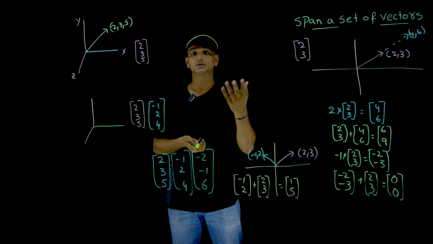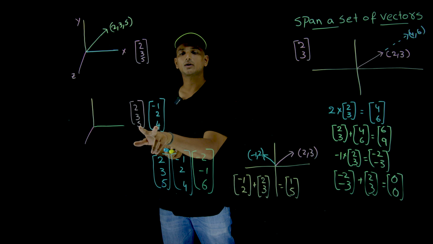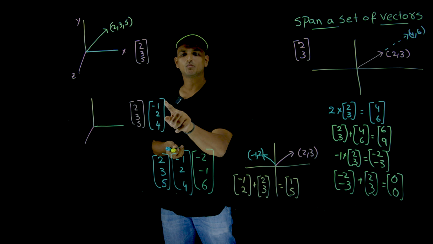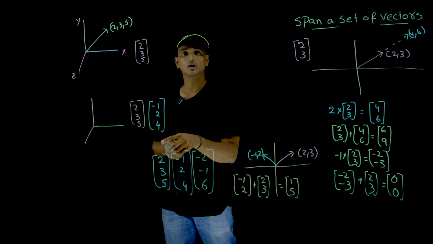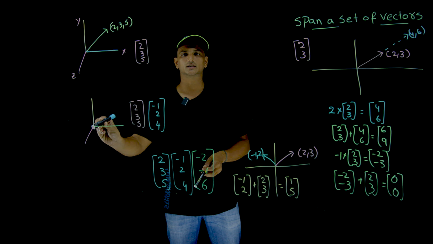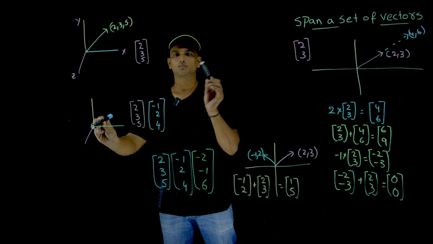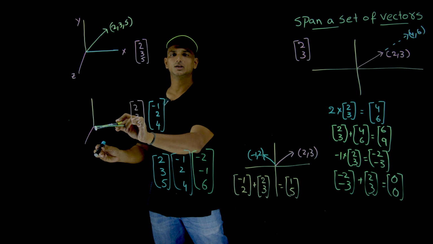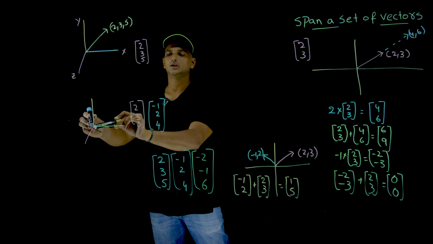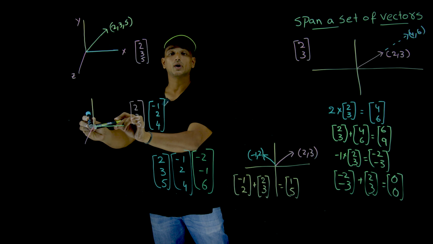Similarly, suppose you are given two vectors in 3-dimensional space, 2, 3, 5 is one vector and -1, 2, 4 is another vector. See here, 2, 3, 5 is moving in this direction in 3-dimensional space, and -1, 2, 4 is moving in this direction. By using these two vectors, what is the space that you are able to span?